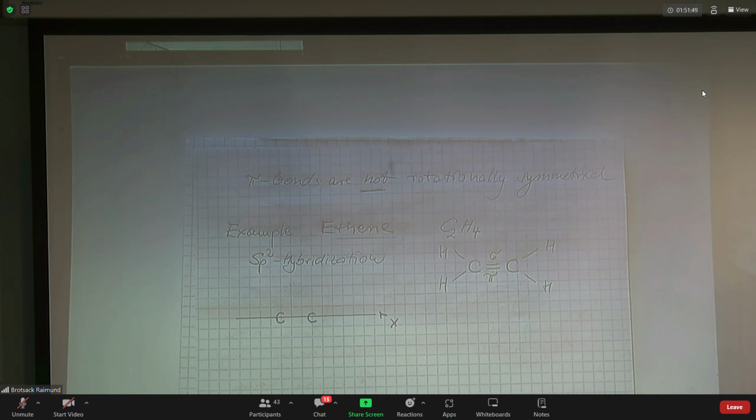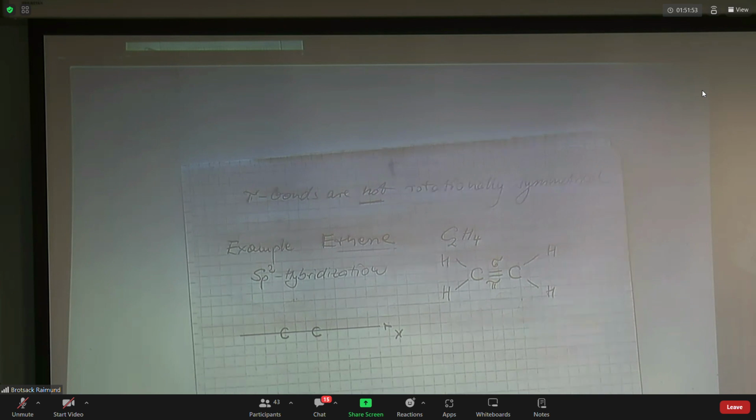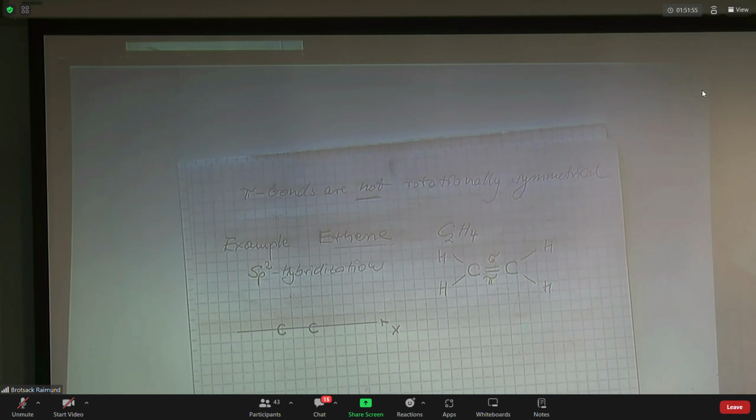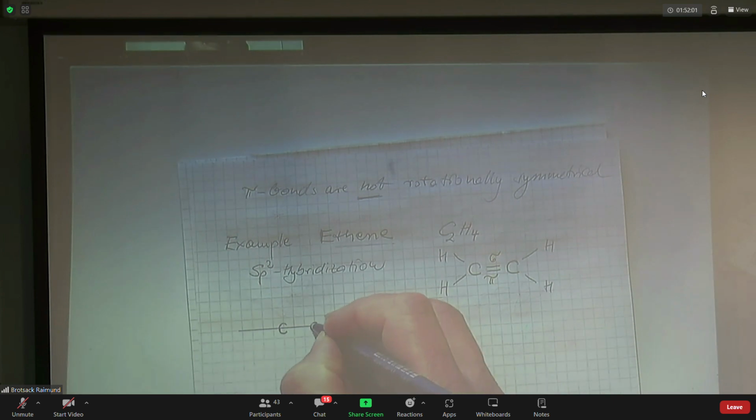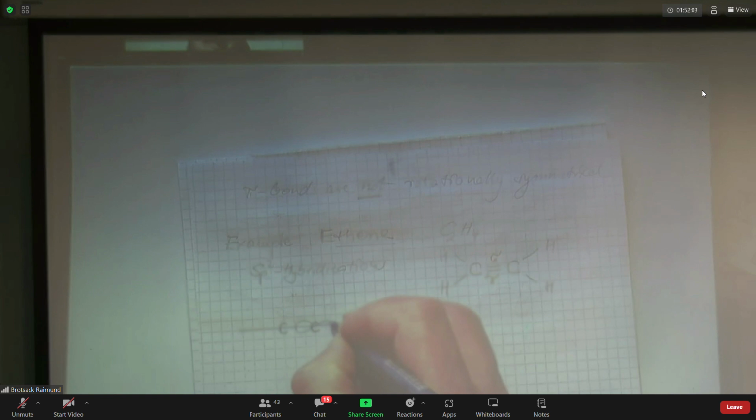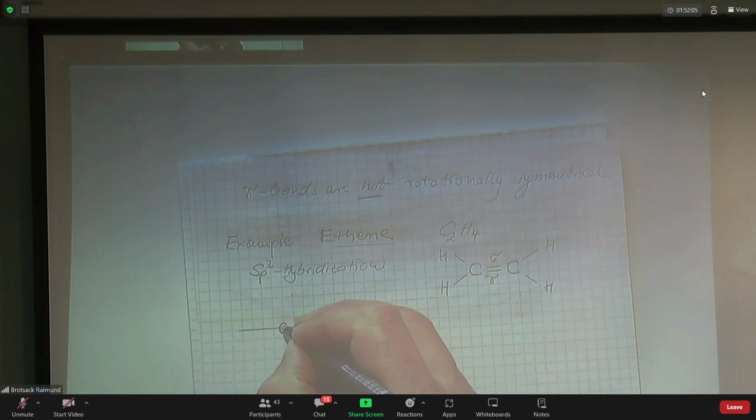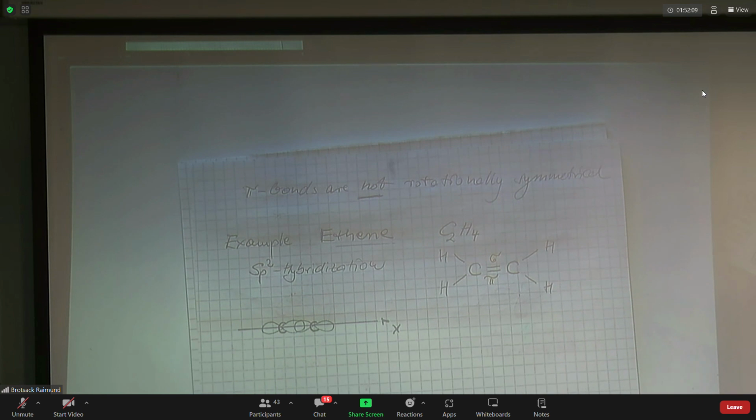Yeah, we have these looking into a trigonal planar structure. So we have these sp2 hybrid orbitals. So in the x-axis, and here again in the x-axis. So we have 2 of them from each atom.